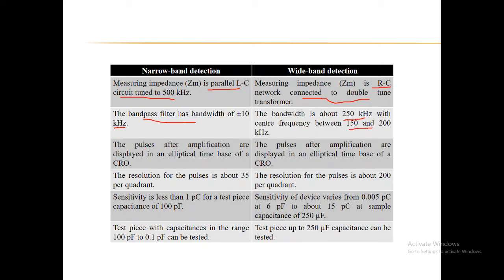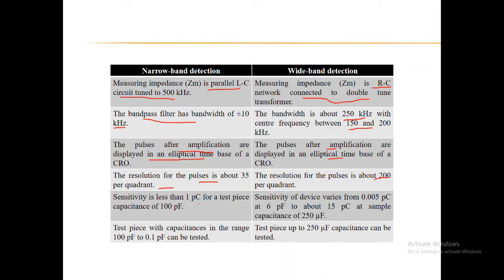In both narrow band and wide band, the pulses after amplification are displayed on an elliptical time base of a CRO. That is common in either method. The resolution of the pulse is about 35 per quadrant in narrow band detection, whereas in wide band it is 200 per quadrant.